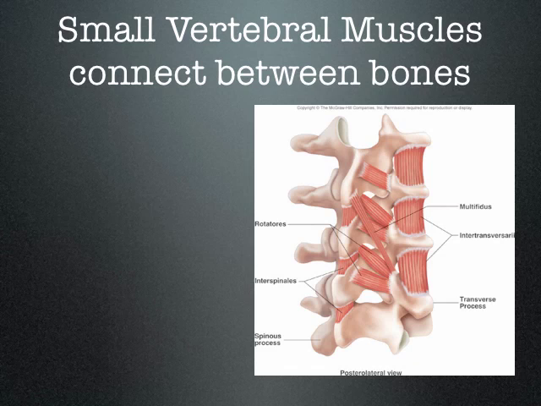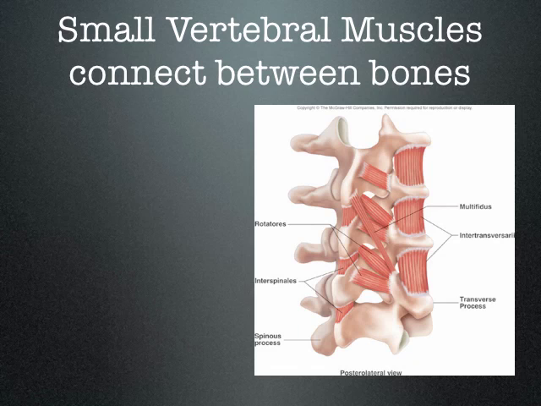Now, what you're going to see is both multifidus and rotatores, they cross from a transverse process to a spinous process. What happens when I pull a spinous process toward a transverse process? Right? What's happening here? I'm doing this, aren't I?